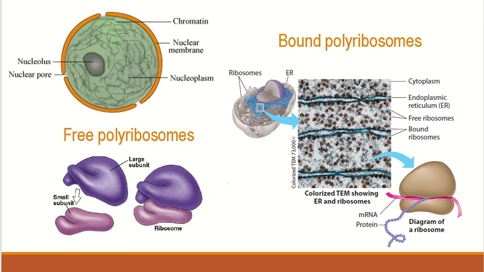So free polyribosomes are those suspended in the cytoplasm. Whereas bound polyribosomes, or ribosomes in general, are attached to the endoplasmic reticulum, making it a rough ER. Hence, you now distinguish one endoplasmic reticulum from another type, or they may be bound to the nuclear envelope.